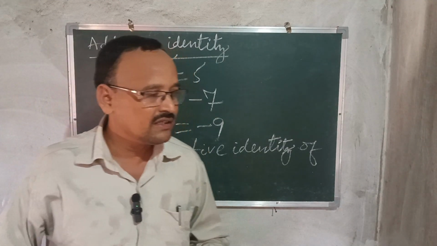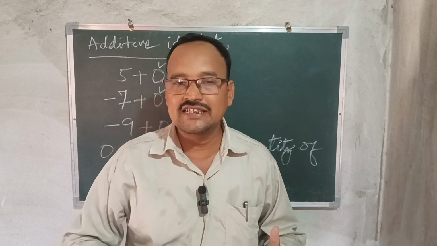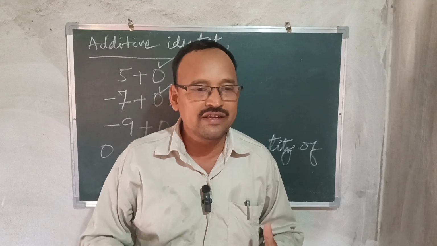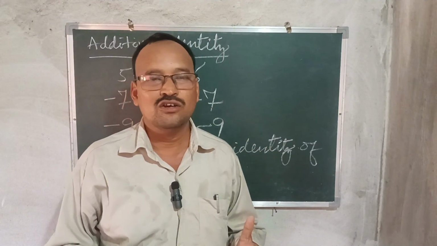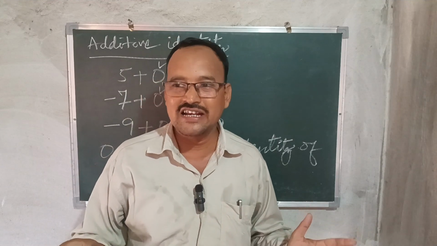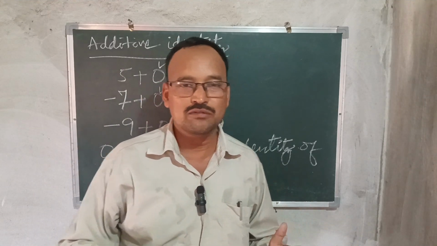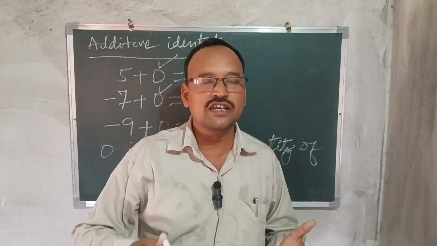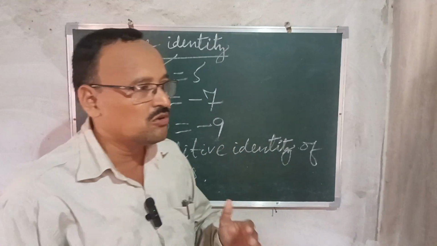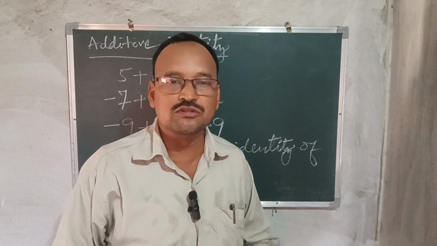Another question that may arise: what is the additive identity of natural numbers? There is no additive identity of the natural numbers, because 0 does not belong to the natural number set.